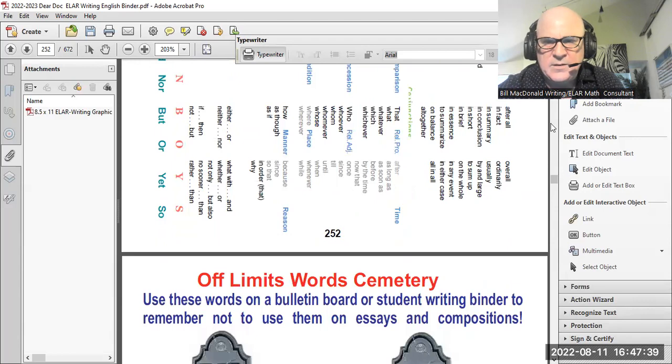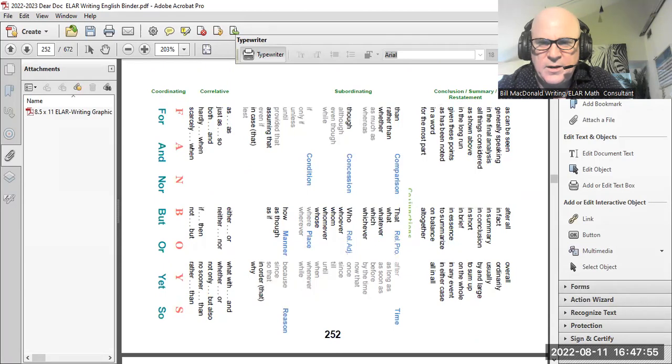By the time the entire year finishes, hopefully your kids will be able to have good practice using as many of those as possible. So we would look in here for the one that would mean the opposite.